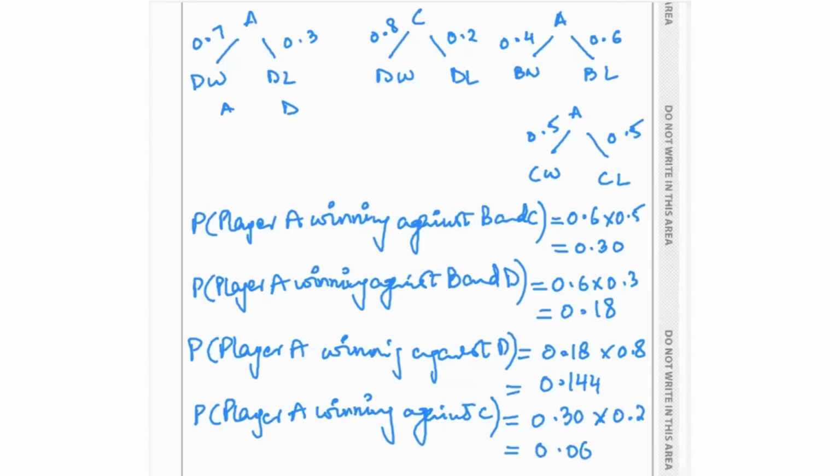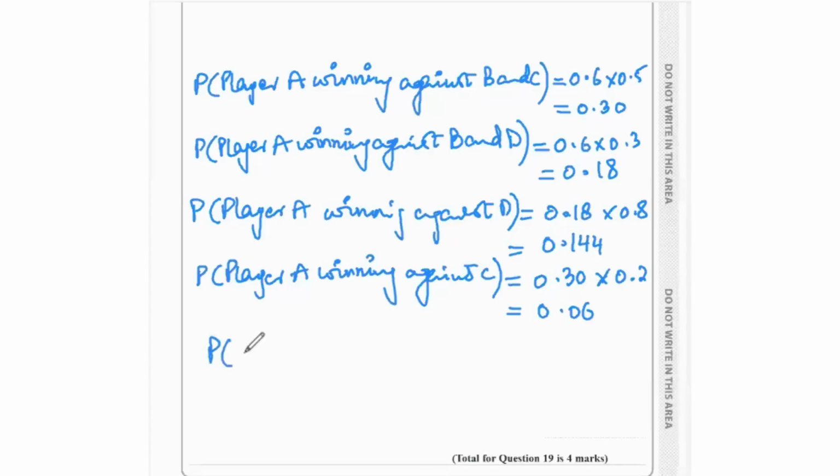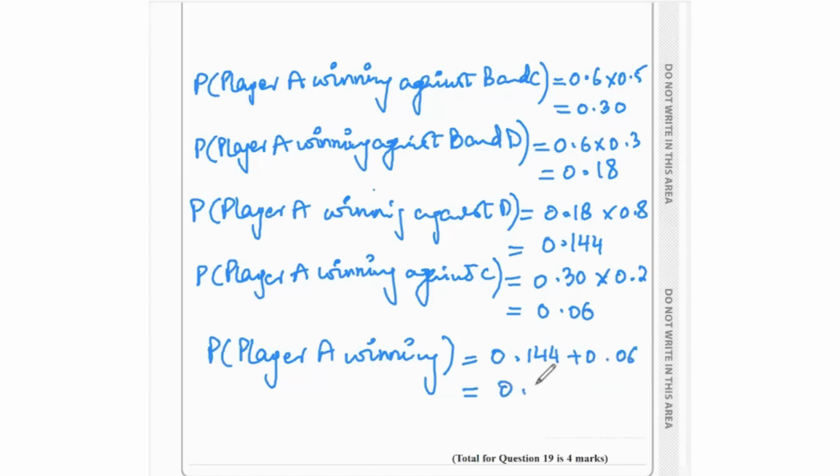So the probability of player A winning the tournament, we would just add these two. Probability of player A winning would be 0.144 plus 0.06, and that is going to give us 0.204. That is your final answer.